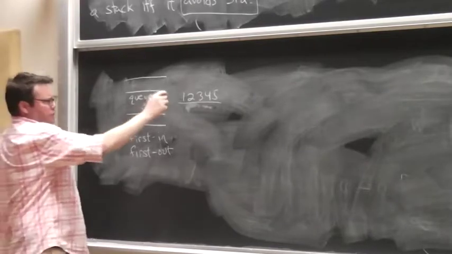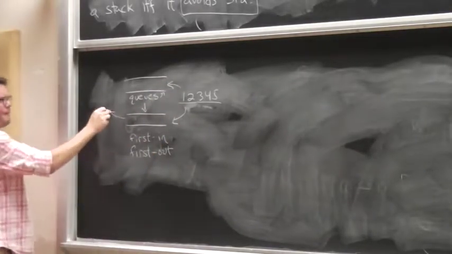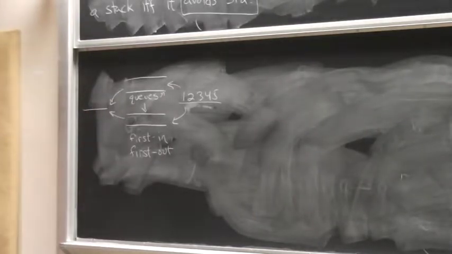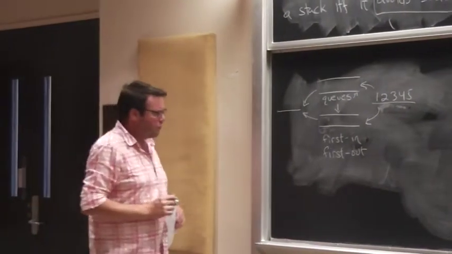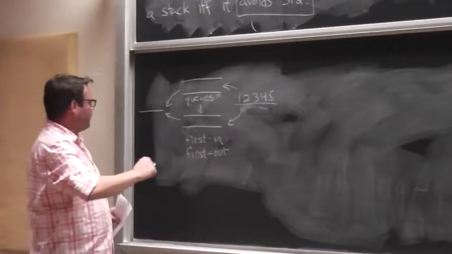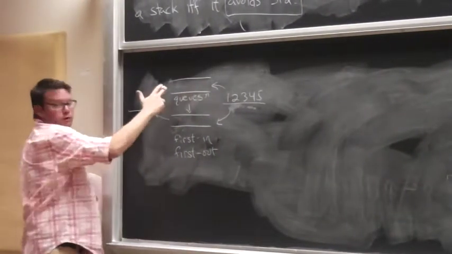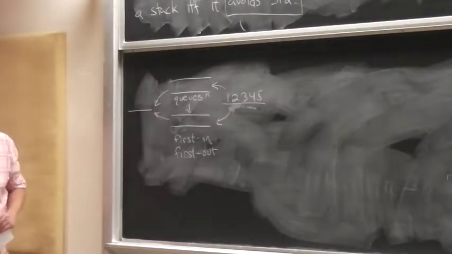But if we have two queues in parallel, now suddenly we can do something. We can choose which of the two queues to put the elements in. If you think about it, we can just fill up the queues and then do the output as we like. It's not going to matter.